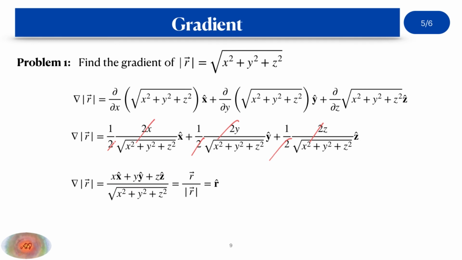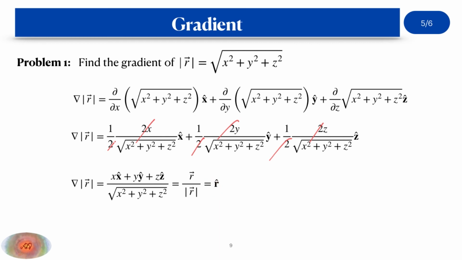And what is this one? This is nothing but the position vector itself, divided by the magnitude of the position vector, and that is nothing but the unit vector along the direction of the position vector.